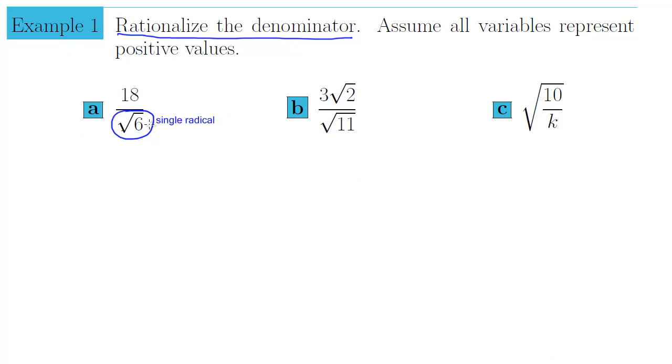To get rid of a single radical, the strategy is to multiply the top and bottom by that same radical expression. So I'm going to take 18 over root 6, and then to get rid of the root 6, I'm going to multiply the bottom by root 6, but then I also have to multiply the top so that the fraction stays equivalent.